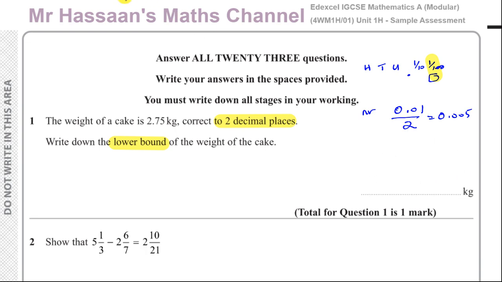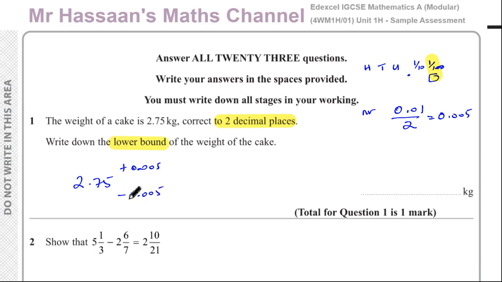Okay, so that means we take this value here and we have our 2.75, and to find the upper bound, we will add 0.005 to it. And to find the lower bound, we subtract 0.005 from it. In this case, we have to subtract because we want the lower bound.